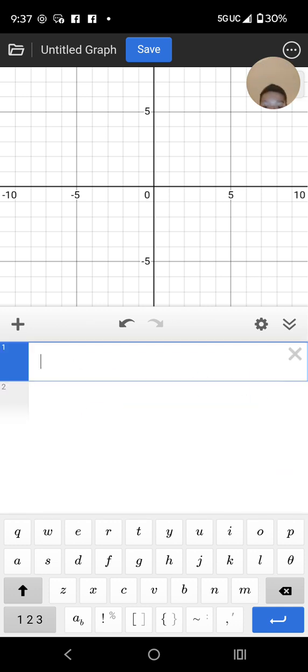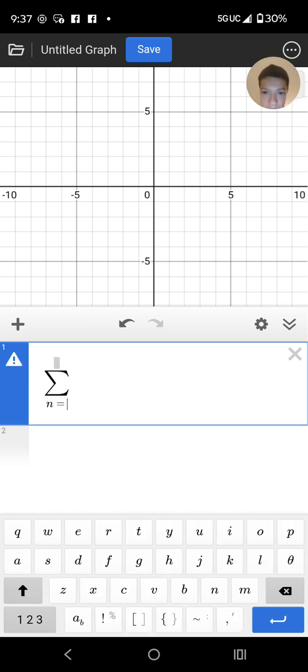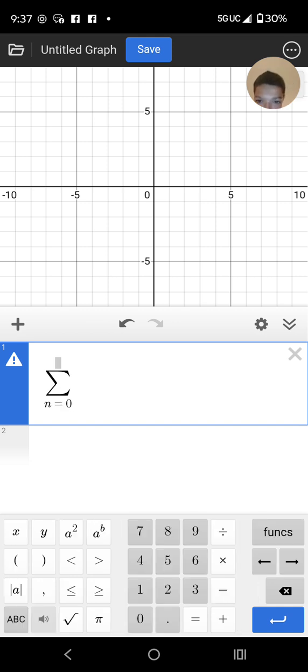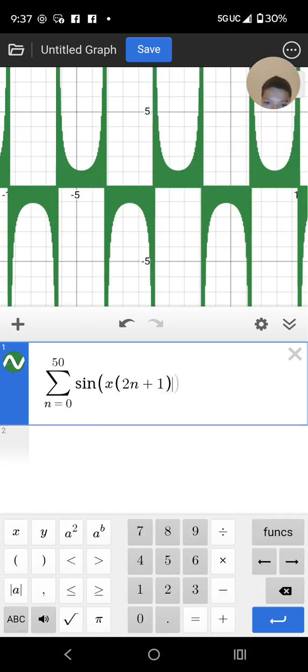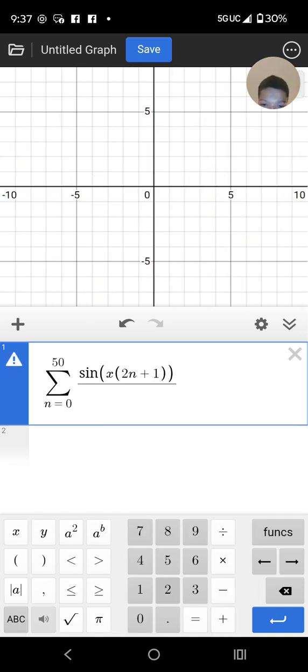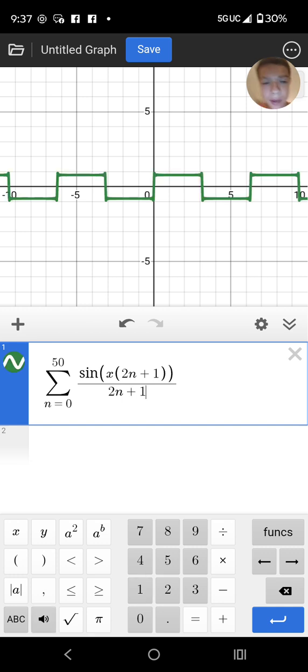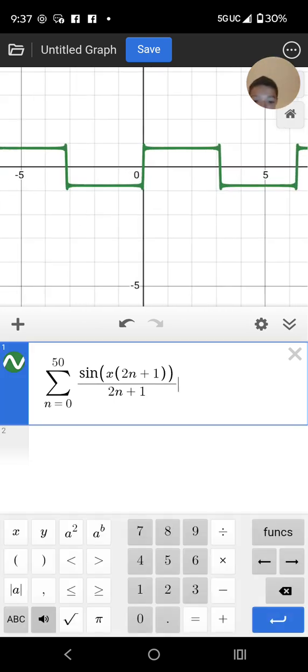So now let's graph some functions. Let's approximate some Fourier series. We're going to put the sum as n equals 0 to 50 of sine of x times 2n plus 1 divided by 2n plus 1, because we can't divide by 0. Let's listen to that bad boy.